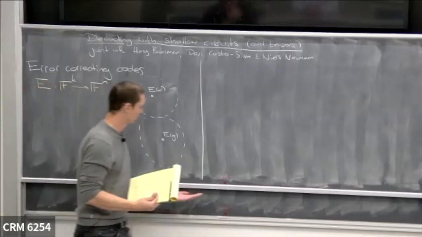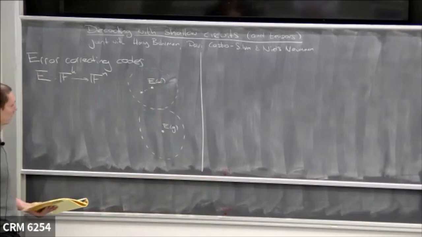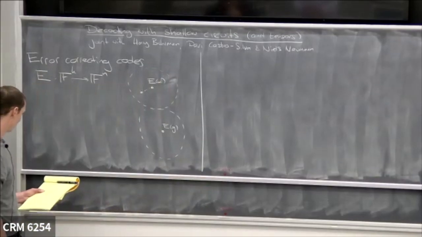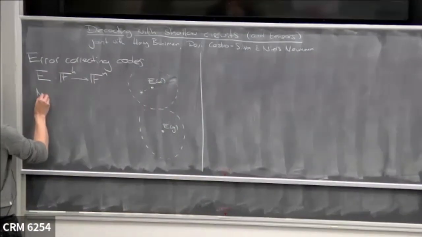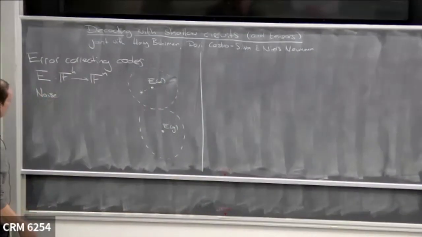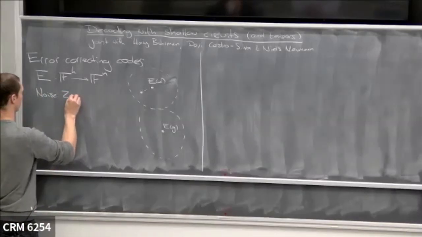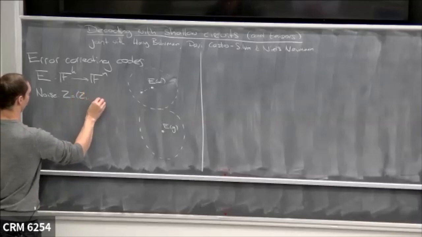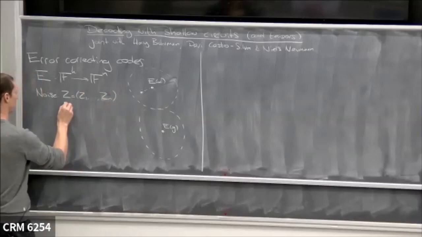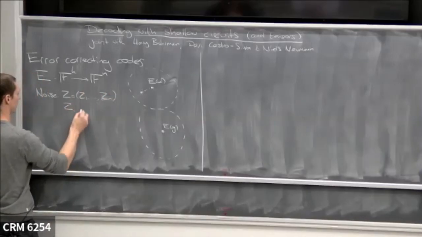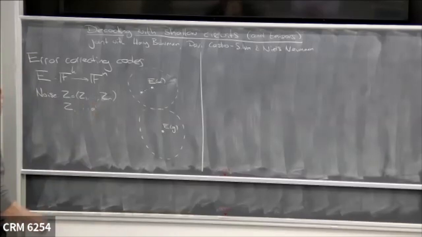I mentioned corruptions. There's a very basic probabilistic model that tells you how error correcting codes may get corrupted, and that's the symmetric channel, which models noise. For the purpose of this talk, the noise is modeled by a random vector z that has n independent coordinates. Each zi is independent and identically distributed as the others.